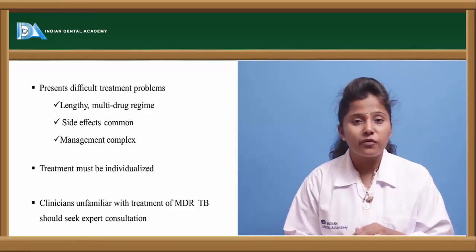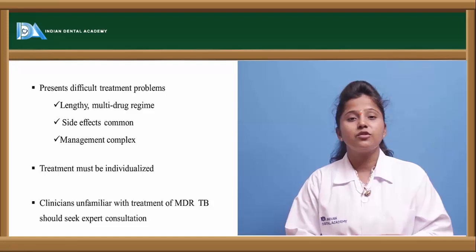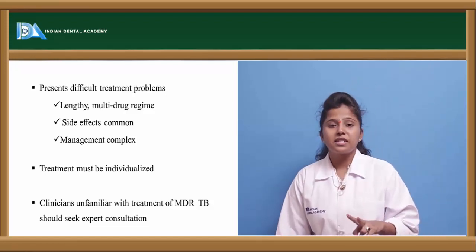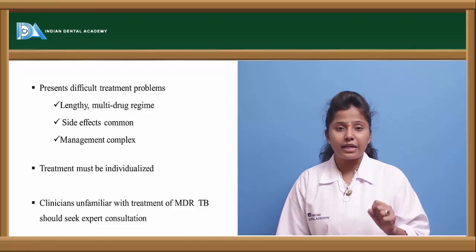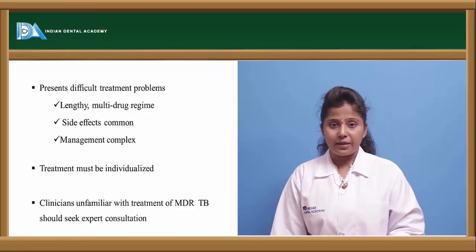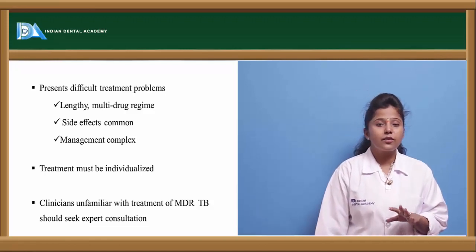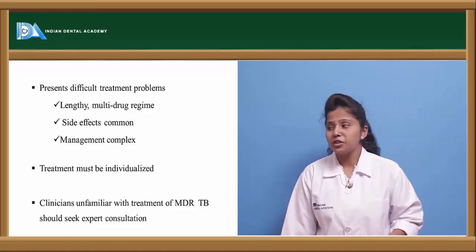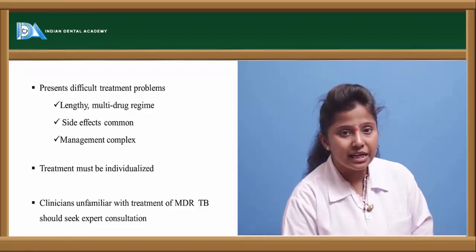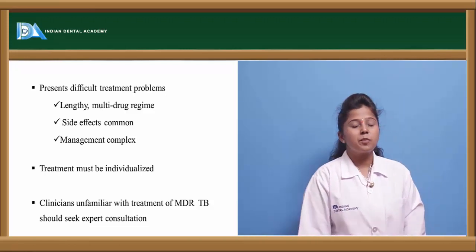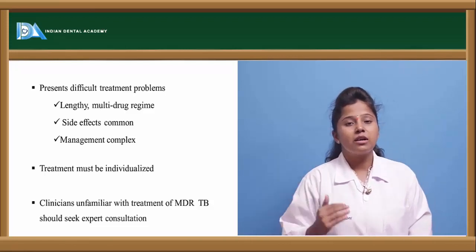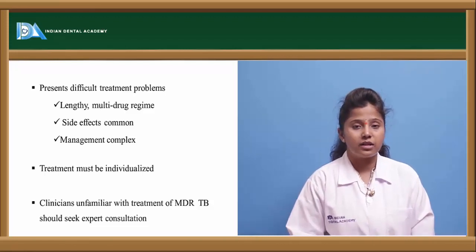The treatment for the first person will be different from the treatment for the second person, because both persons have different mycobacterium stages, different conditions of the bacteria in them, and different body conditions as well. So the treatment should be individualized, and the persons prescribing the medication or taking care while giving the treatment should have thorough knowledge regarding multi-drug resistance.